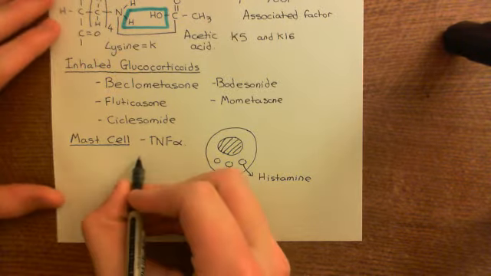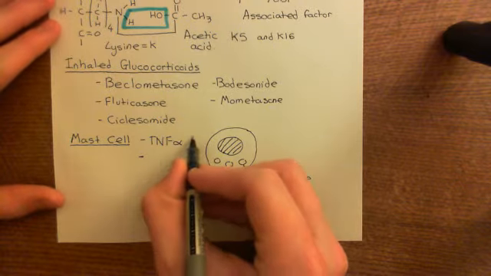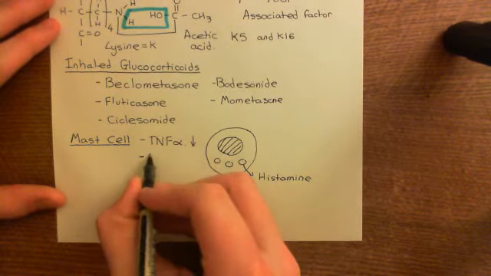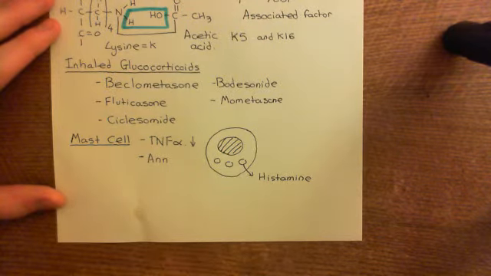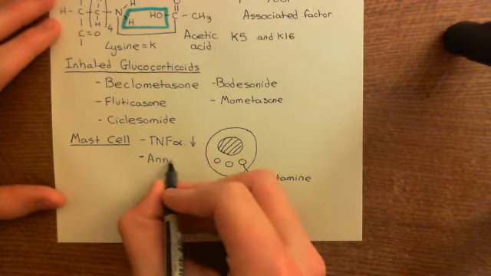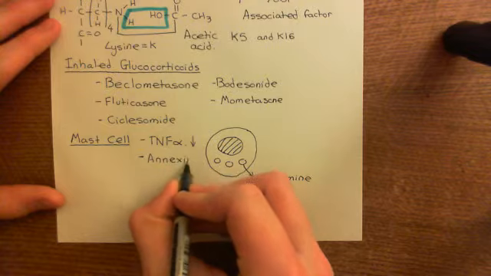Another thing that is going to happen within these mast cells is that you're going to start producing another protein. So in the case of tumor necrosis factor alpha, the glucocorticoid receptor dimer was acting as a transcription repressor, okay? But this next protein is going to have its transcription enhanced.